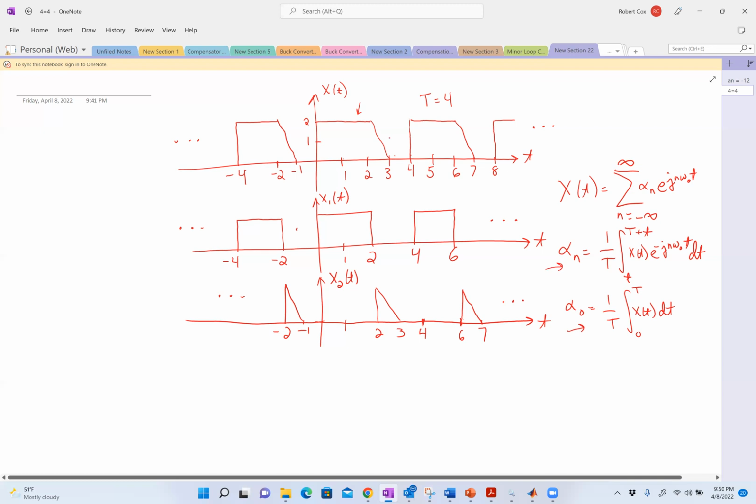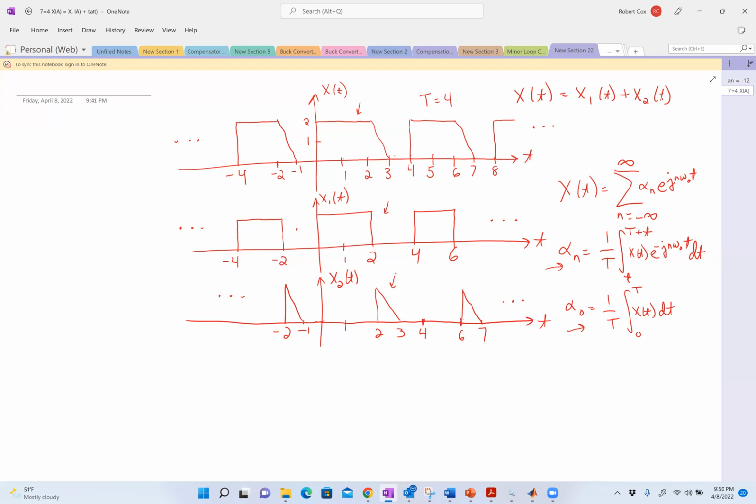The way I can think about this is that x of t is equal to the sum of two other waveforms, x1 of t and x2 of t. This is an easier way to approach the problem. Notice what I've done: this box waveform plus this triangle waveform, if I add those two together, then I get the waveform on top.